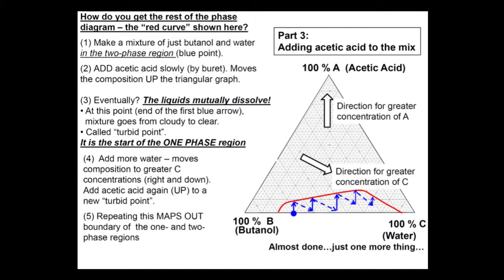Then you'll start to add acetic acid again, and it'll be cloudy, and then it'll clear up at the turbid point, that tip of that blue arrow. Then you'll do the dotted line again, add more water, add more acetic acid, add more water, add more acetic acid, until you get to the turbid point. And all those turbid points will map out the boundary of the 1 and the 2 phase region. And I think that's pretty clever.